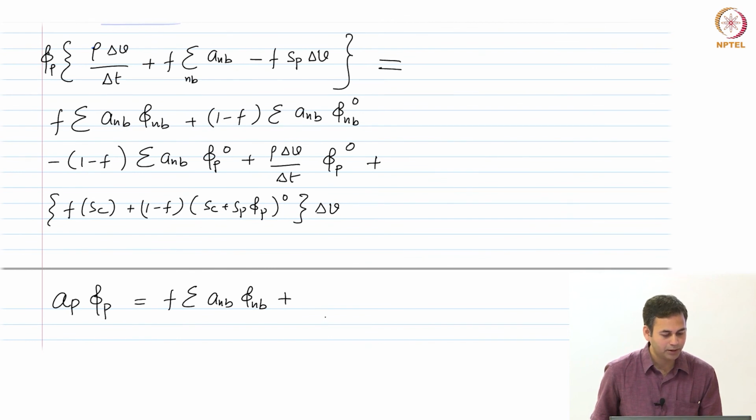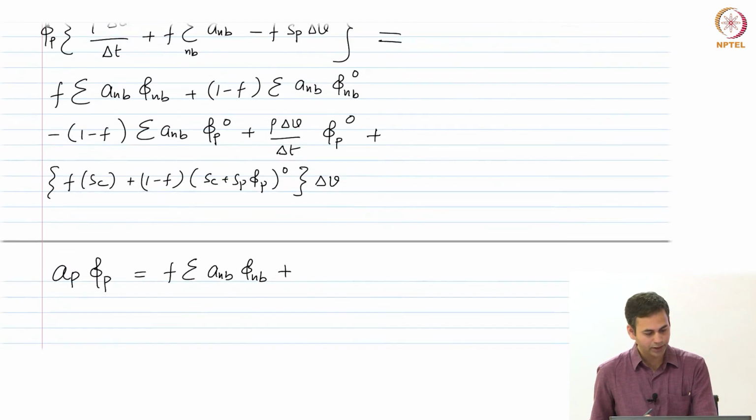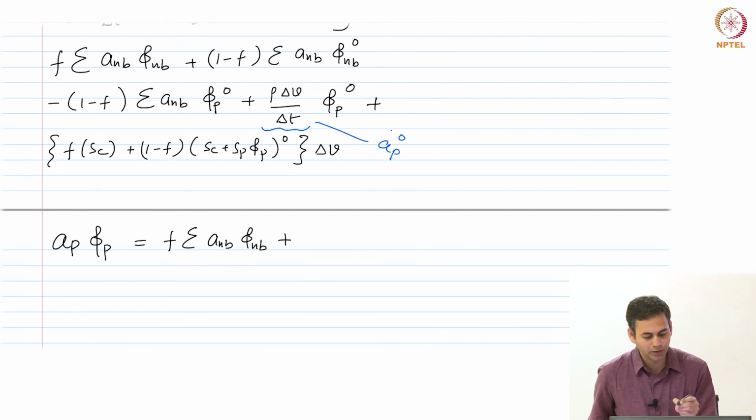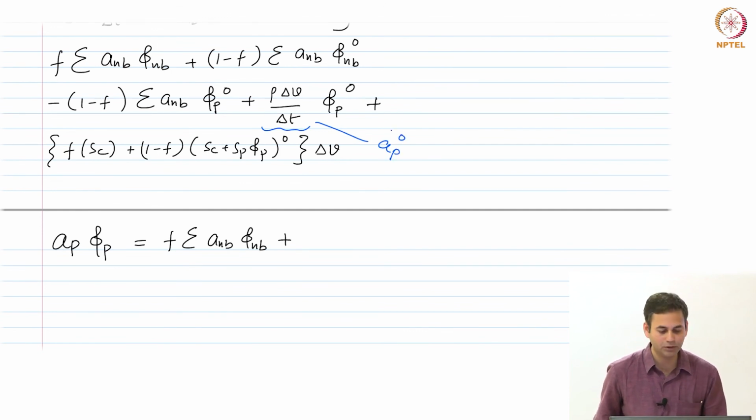Can I combine any of these? Phi P 0 is there. I will call this term sum AP 0 because it is multiplying phi P 0. So we have that term.